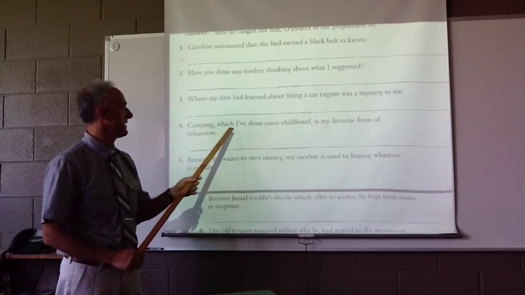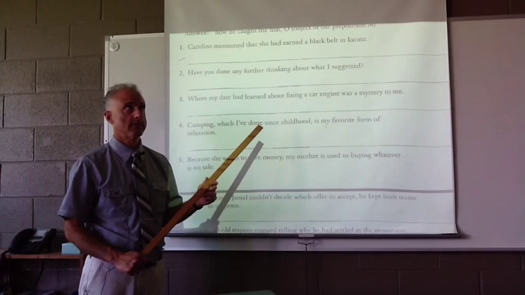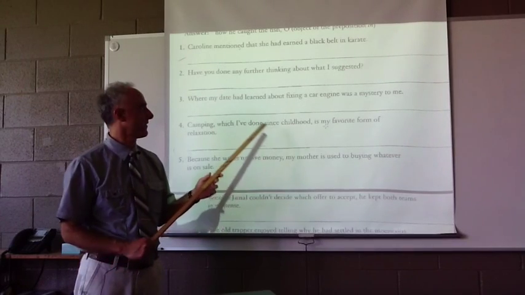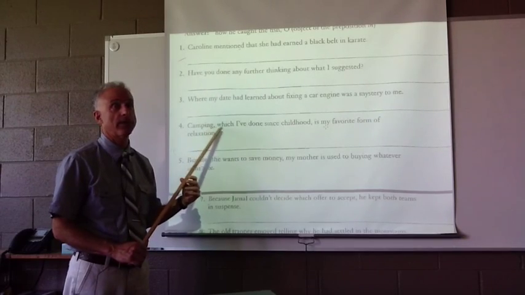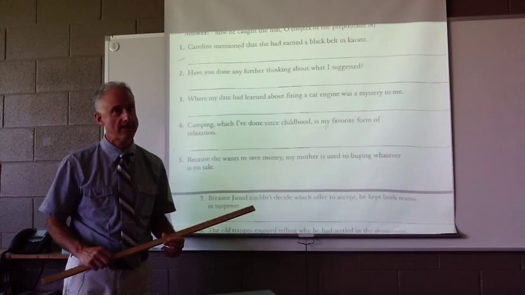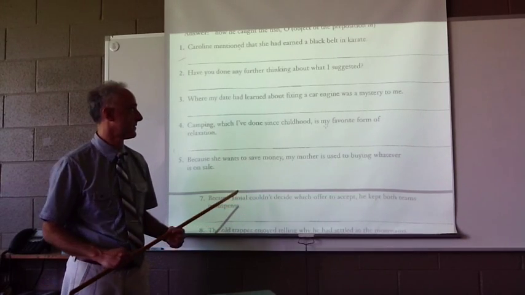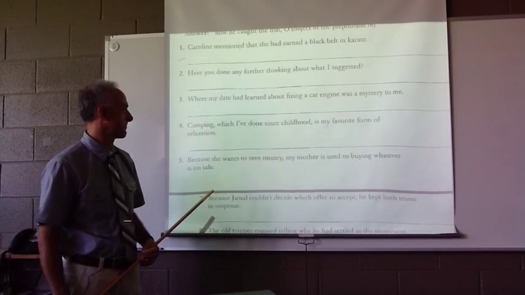And so it is renaming camping. I know you're probably prone to thinking of this as modifying the word that it comes before, but when it comes in between commas, it's most likely an appositive, renaming the noun. So we're going to call this an appositive noun clause.